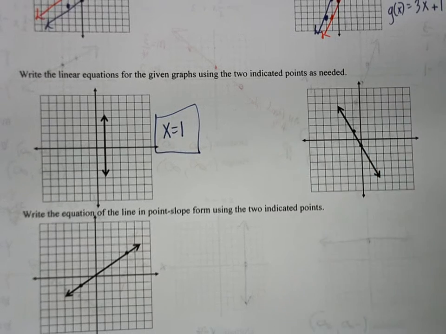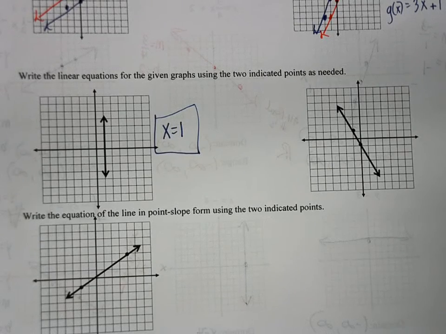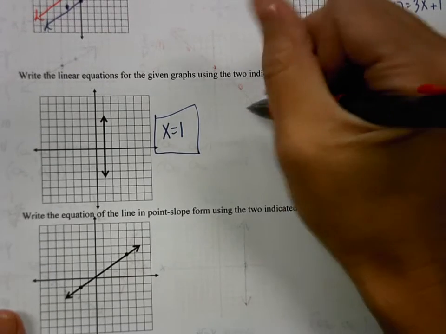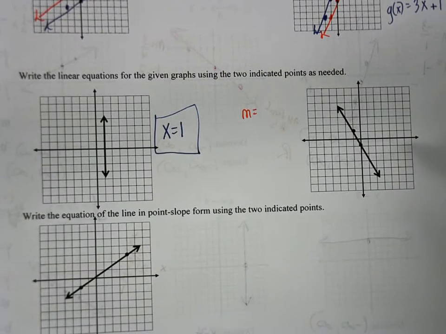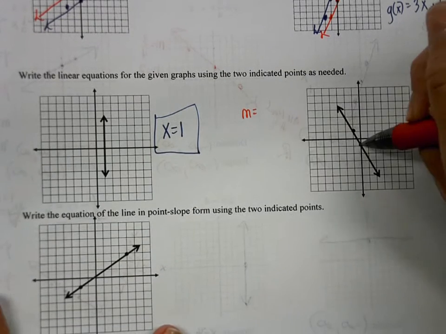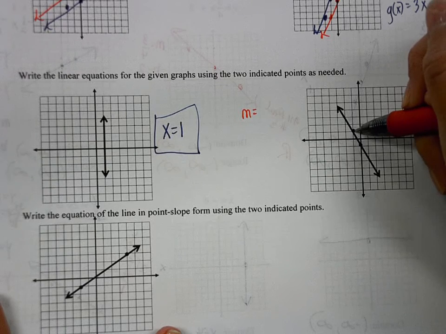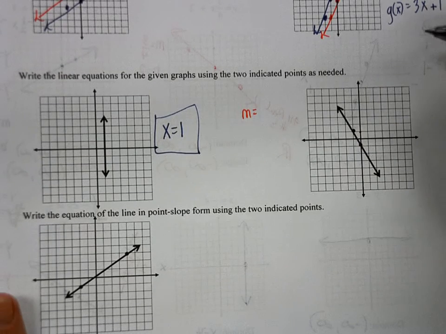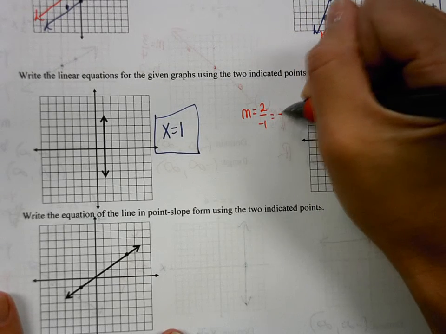Okay, and so on this one, if we were just to write it in y equals mx plus b form, slope-intercept form, we would need to know our m. And so how could I find my slope? Count. Good. So it's up 1, 2, left 1. So how do I write that? 2 over negative 1, which is really negative 2.